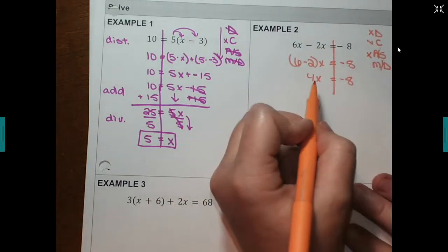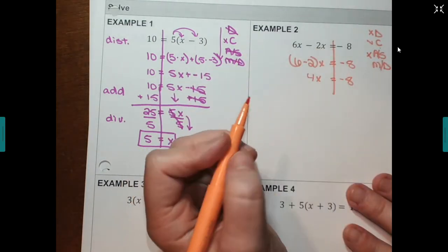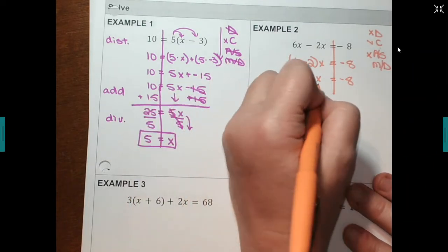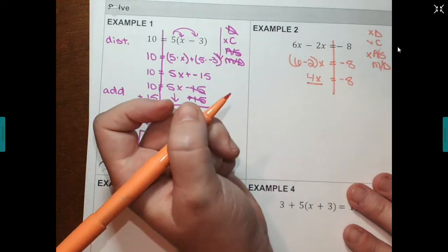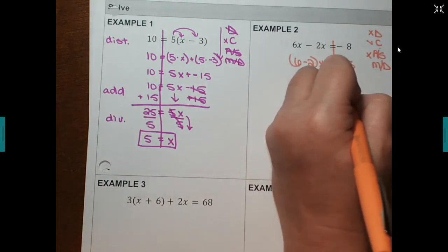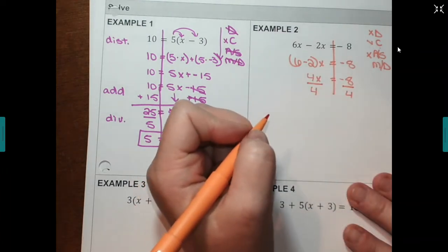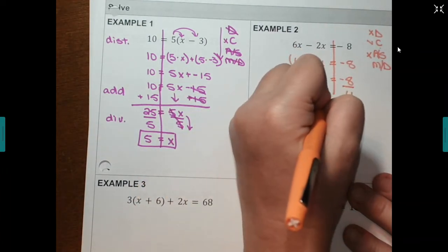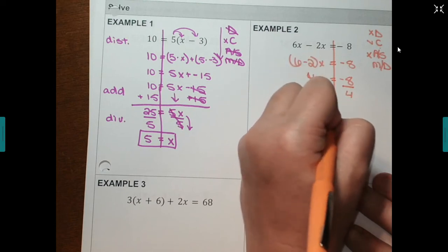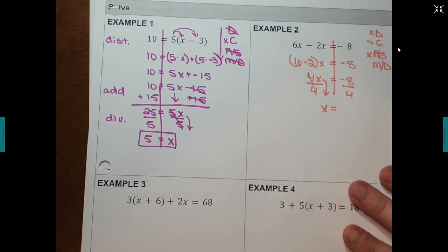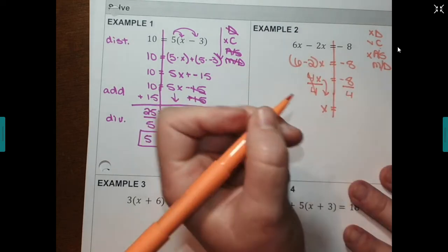Now, is there anything I can multiply or divide? Because this x is being multiplied by 4. I know that the inverse of multiplication is division. And if I divide both sides by 4, I can undo that. So my 4x divided by 4 just turns into x equals -8 divided by 4, a great moment again for Desmos.